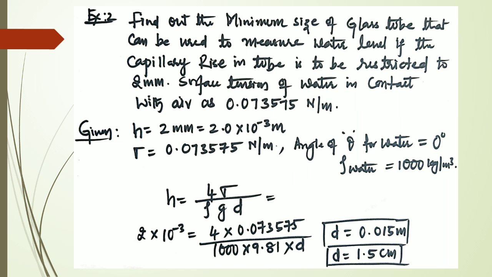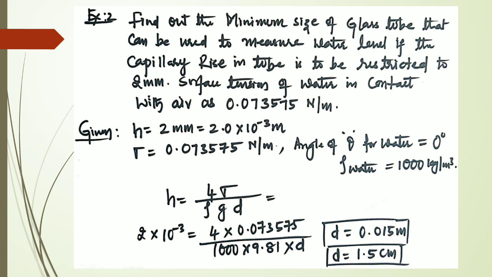Therefore h is equal to 4 sigma by rho g d. This is the relation for capillary rise of water. If it is for mercury, or for depression, then 4 sigma cos theta will come, because in mercury the angle of inclination comes into the picture.